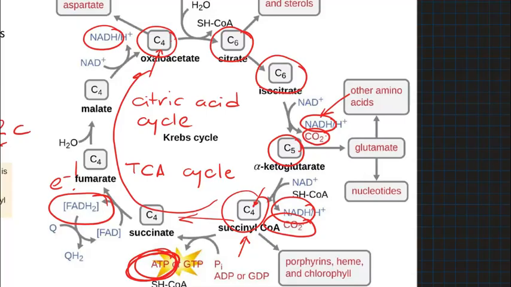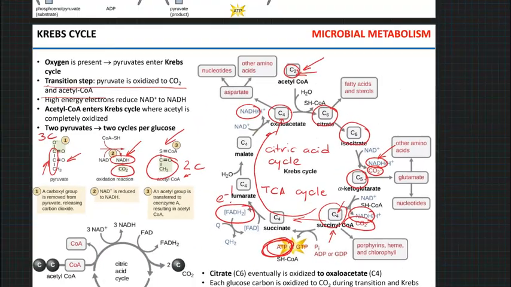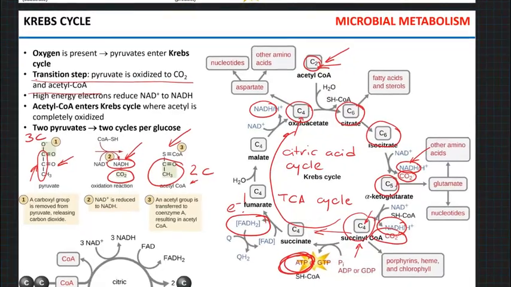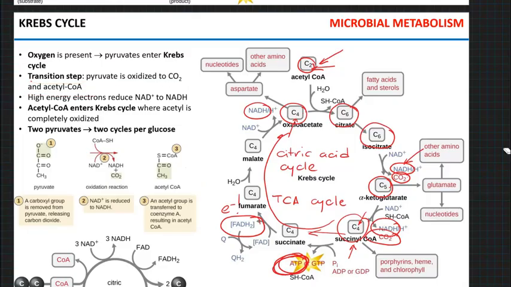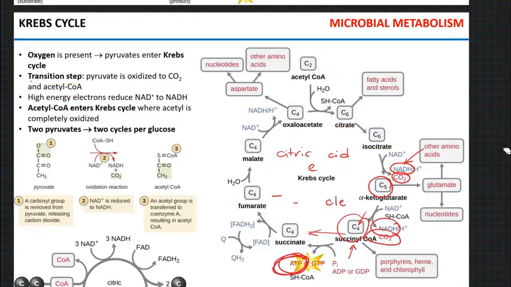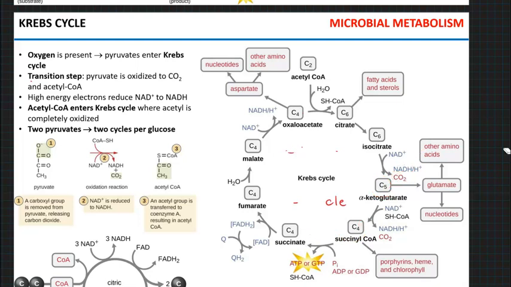Now, let's take a look at this. Again, I'm going to erase all of this. And I want you in your head to return to glycolysis and tell me something. At the end of glycolysis, how many pyruvates do we have? 2.